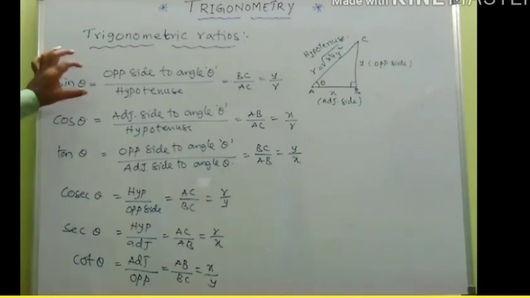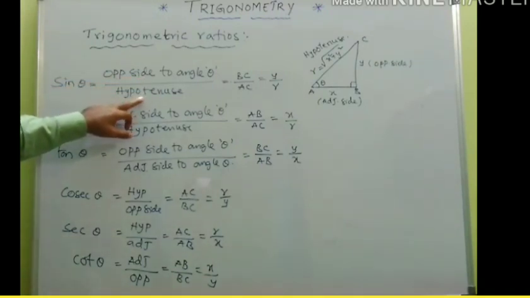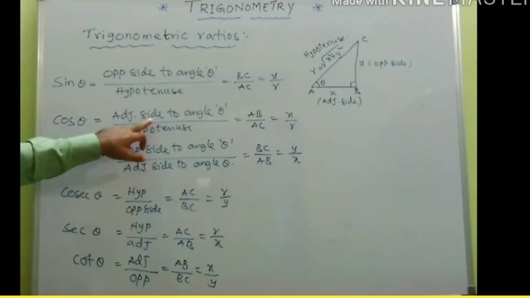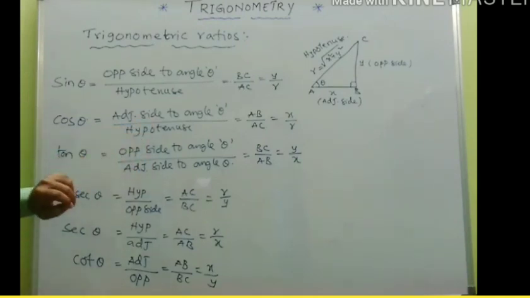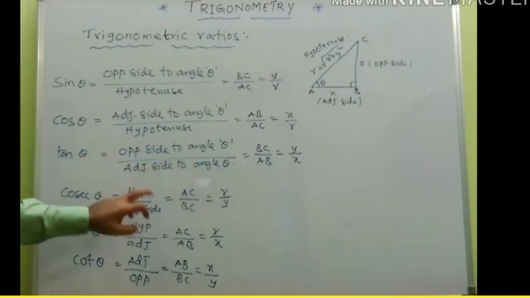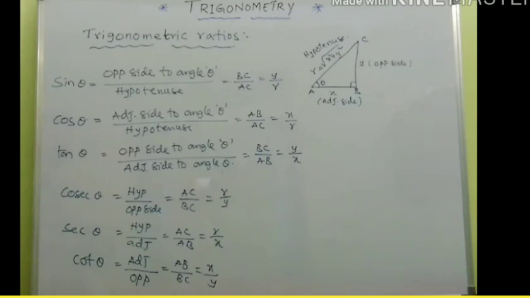The ratio between opposite side and hypotenuse is called sin theta, and the ratio between adjacent side and hypotenuse is denoted as cos theta, and the ratio between opposite side to angle theta and adjacent side to angle theta is tan theta.